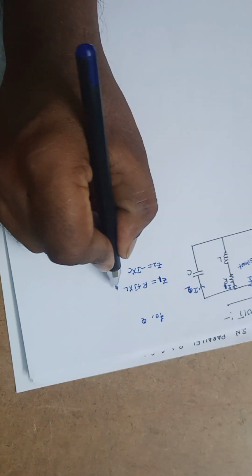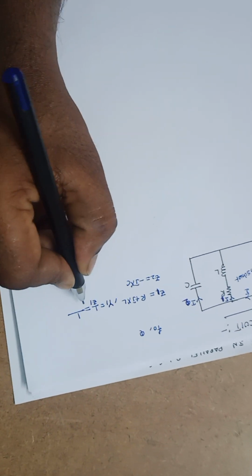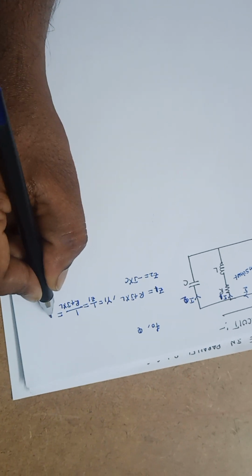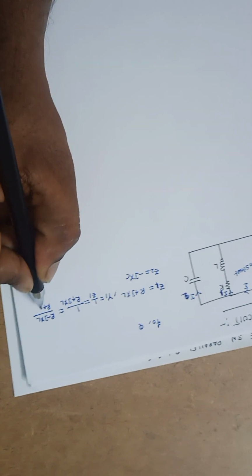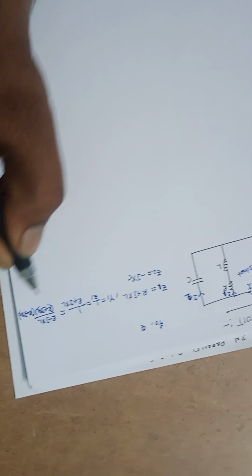Now what is Y1 here? Y1 is equal to 1 by Z1, that is equal to 1 divided by R plus J into XL. If you factorize it, R minus J into XL divided by R plus J into XL into R minus J into XL.